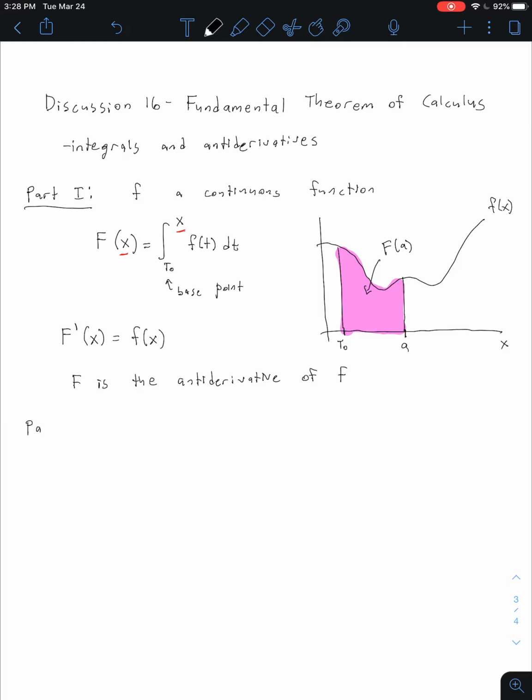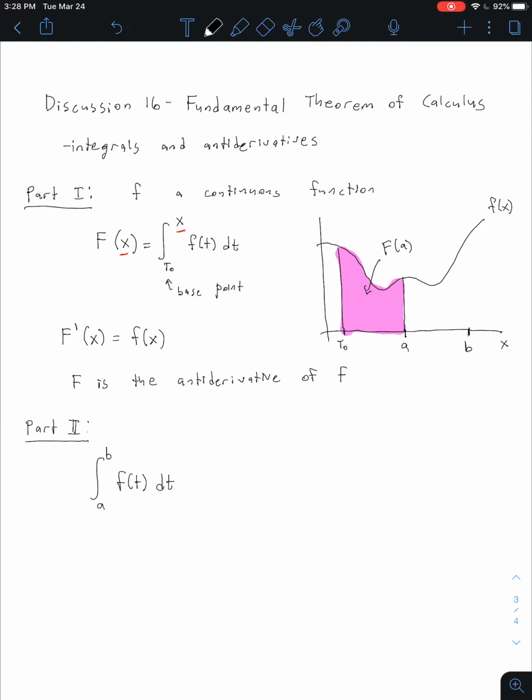And part 2 tells us exactly how we want to compute these integrals. So let's say that we're trying to integrate f of x, or f of t here, from a to b. So here we want to know the area between f of x and the x-axis, between x values a and b.